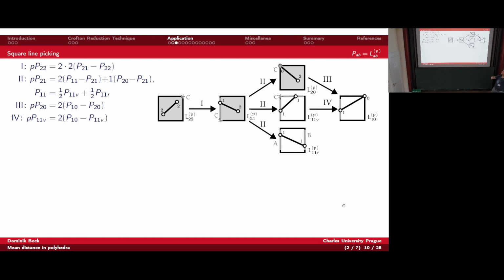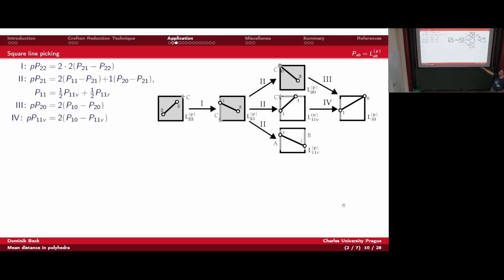Right. How to explain the very first? Let P be L to the power P, where L is the distance between 2 points, and you raise it to power P. Then PAB is the mean value of the distance to the power P. We can assume P equals 1, for simplicity.